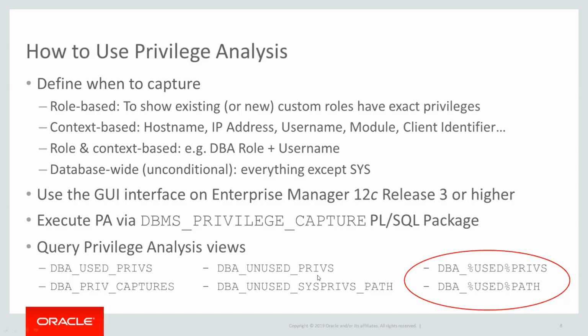You'll also see several other wildcarded views here, and they could be used or unused privileges. They could be object privileges, public privileges. So there are views that break down these used and unused privileges into smaller chunks based on object, public, table, SYS.